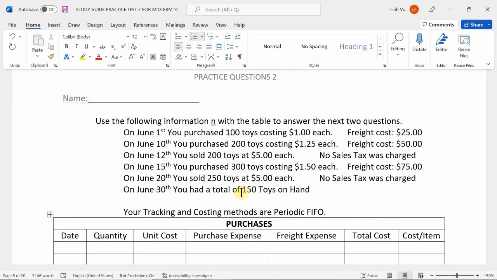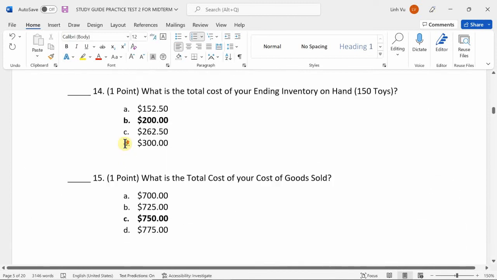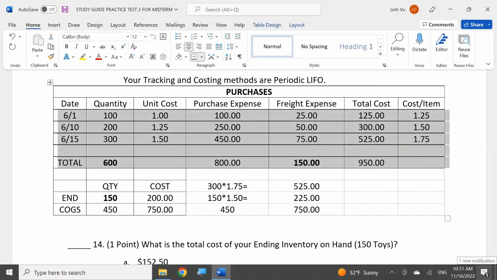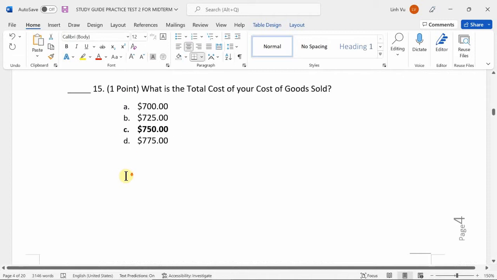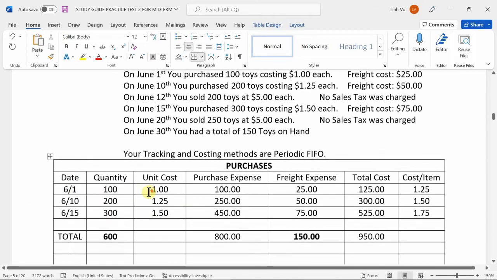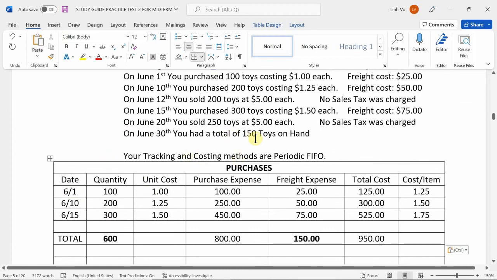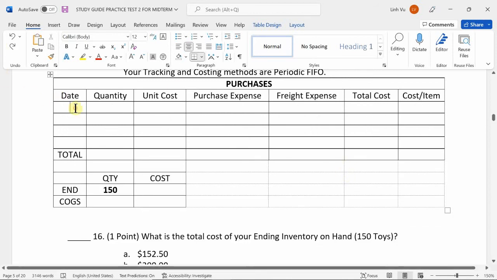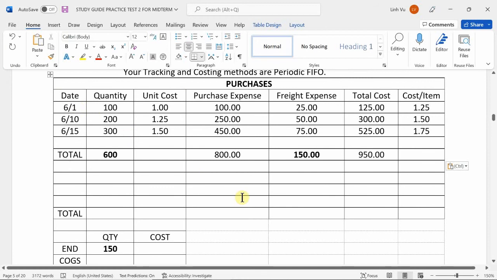Now this is the exact same scenario as up here, so I could just go ahead and save you some extra time to copy all this information. But here's what's different about this one: your tracking and costing methods are periodic and it's FIFO this time.